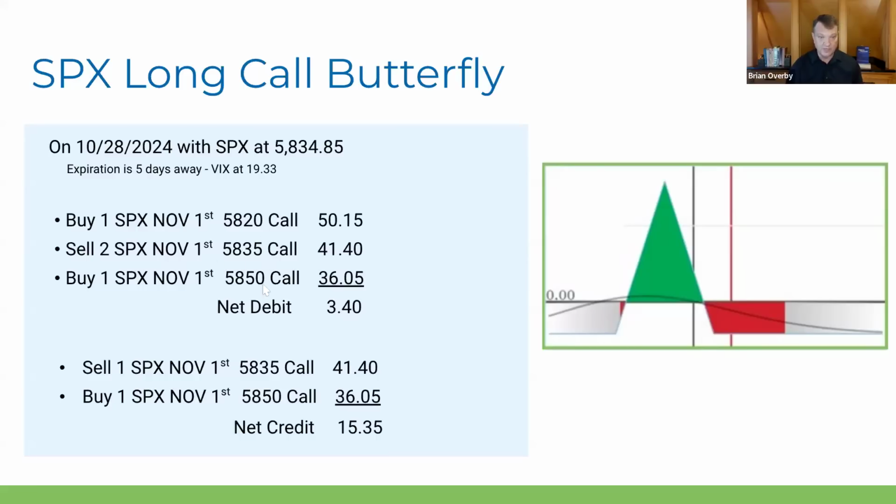So if I'm doing this entire trade, now the credit of the short spread helps pay for my long spread. So $3.40. So where were we at? $8.75 minus $3.40 equals $5.35. So that's the total difference between these two trades, right?